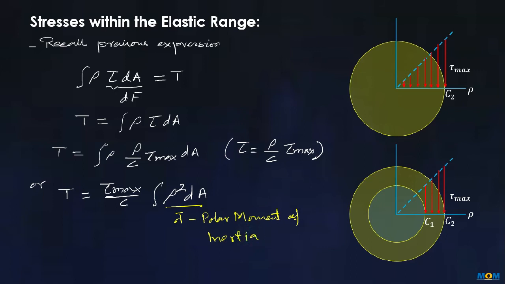So this entirely depends on the geometry of the cross section, where the integral represents the polar moment of inertia, that is J, of the cross section with respect to the center O of the axis.